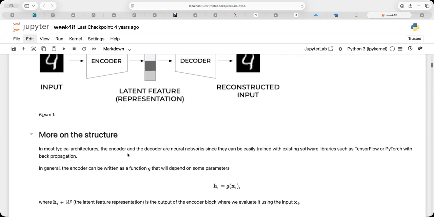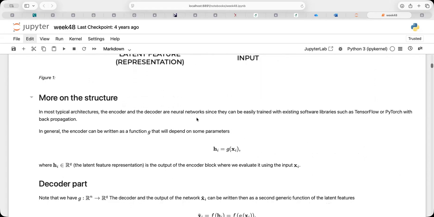In most typical architectures, the encoder and the decoder are neural networks, since they can be easily trained with existing software libraries like TensorFlow and PyTorch. And you will see in the examples below that you can actually set up just a neural network where you have fewer and fewer nodes towards the latent space.